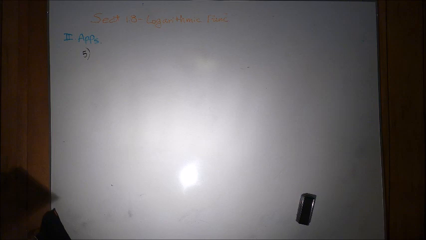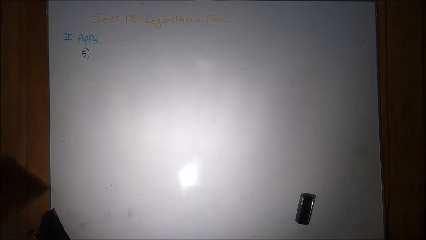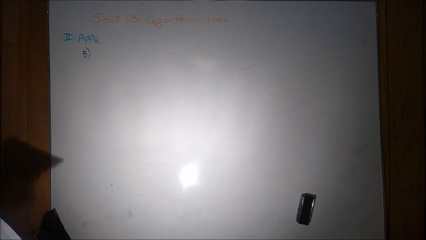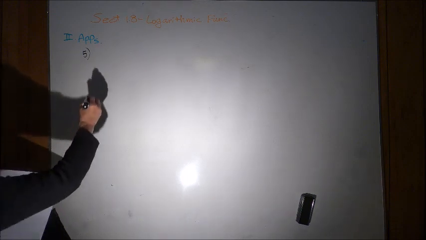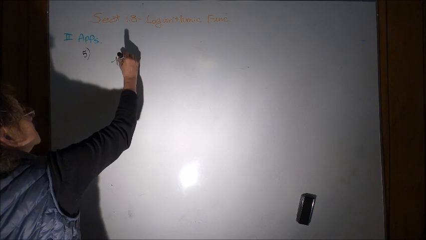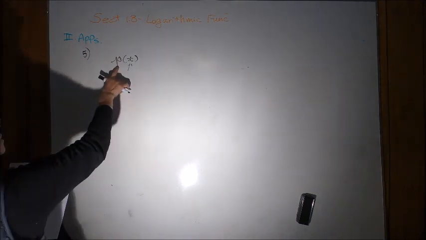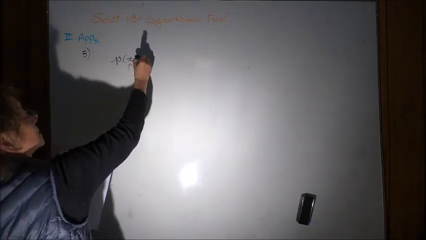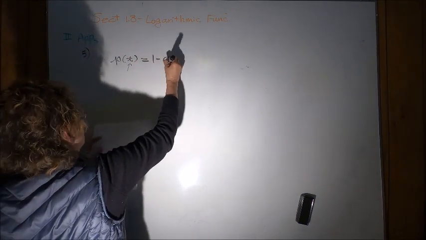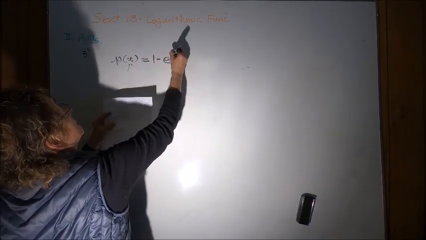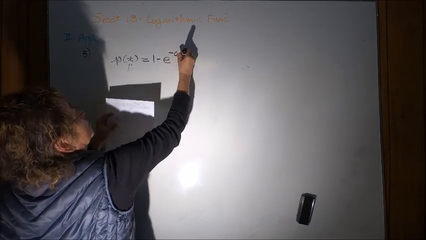It says a storm warning is broadcast, and the proportion of people who hear the bulletin within t hours of its first broadcast is given by this formula. It's not the population, it's the percentage here. So how many people heard the report?